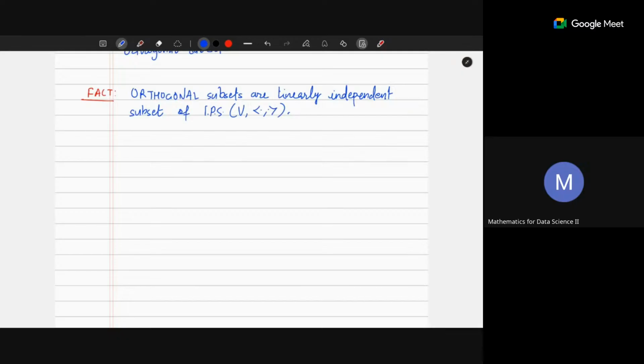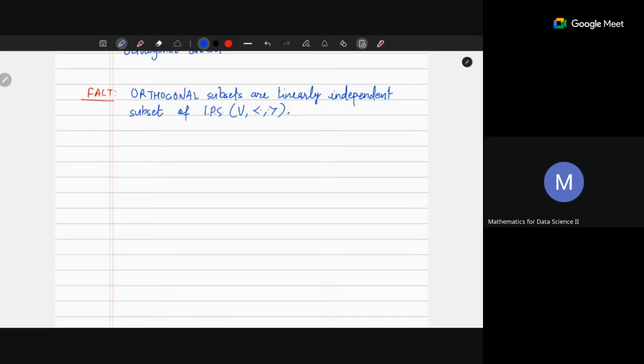Second is minimal spanning. So if I have a minimal spanning orthogonal subset, then I have a basis as well. Any minimal spanning orthogonal subset forms a basis of the inner product space. In particular, they form an orthogonal basis.